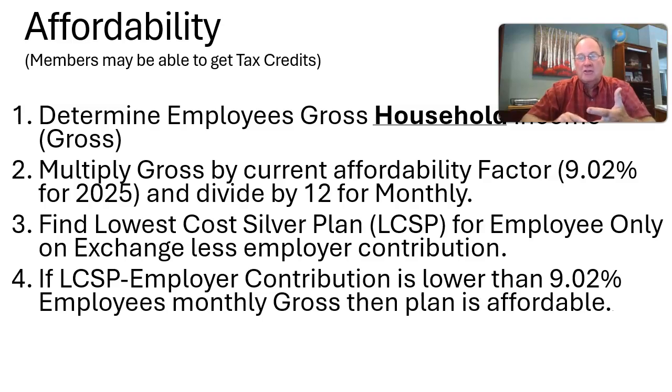Then the program actually goes out and finds the lowest cost silver plan for them at their age in their area. Once you've figured out the lowest cost silver plan on the exchange, minus the employer contribution, whatever they're contributing for the employee, if that's lower than 9.02% of the employee's monthly gross income, then the plan is affordable. Then they should be on the plan, and there is no penalty for the employer.